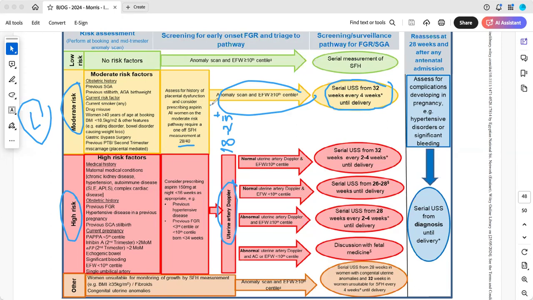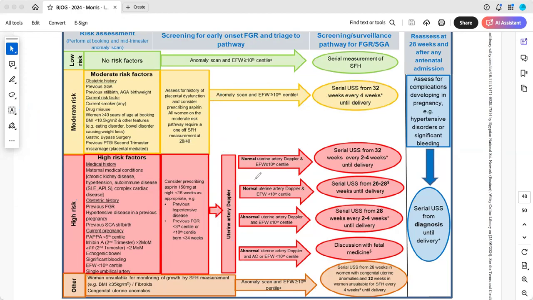Okay? So from 18 to before 24. And again, the conditions, what is the possibility of this uterine artery Doppler screening? It's either 1 or 2 or 3 or 4, right?